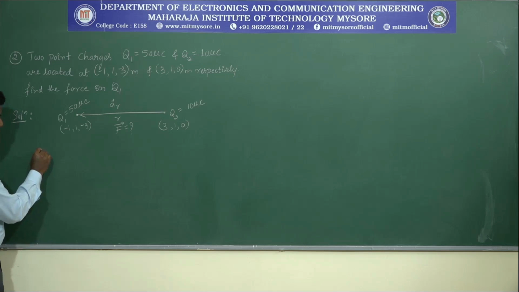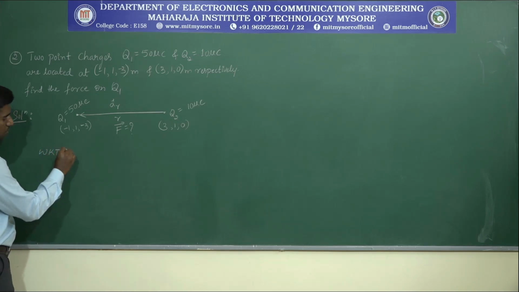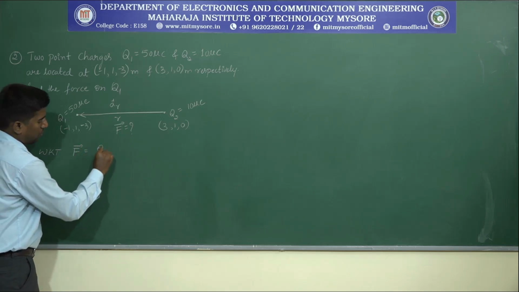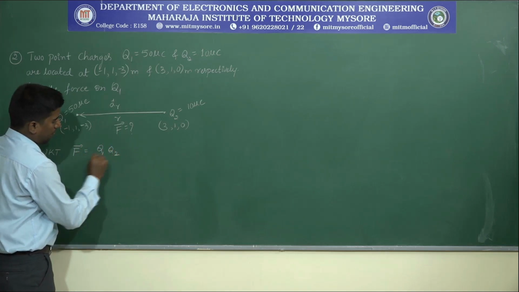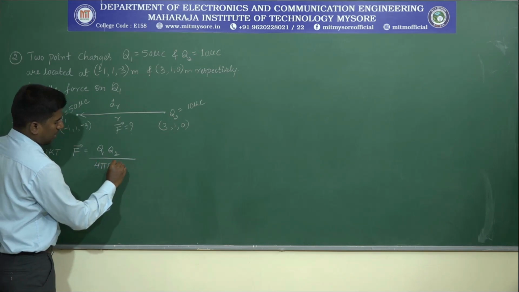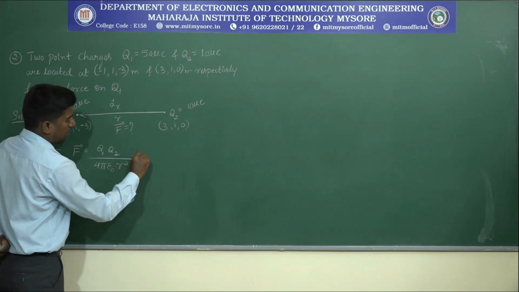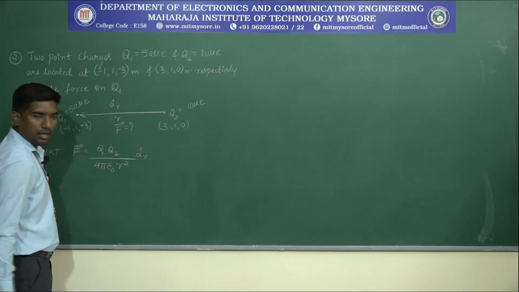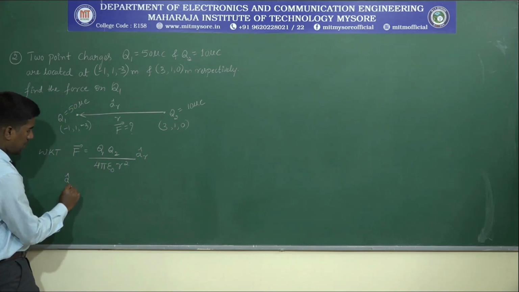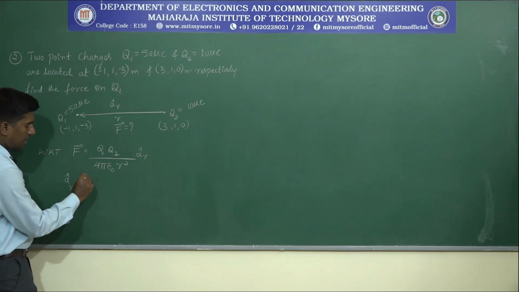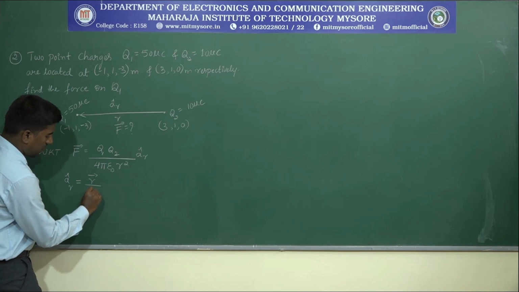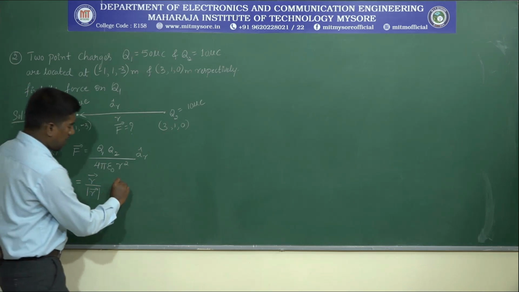So we know that Coulomb's law is given by F is equal to Q1 into Q2 divided by 4 pi epsilon naught into r square into a cap r, right? So we don't know the unit vector a cap r. A cap r is given by r divided by magnitude of r. So what is r?